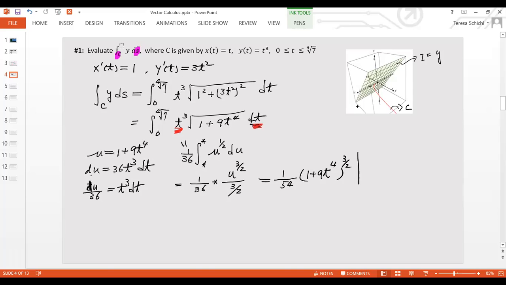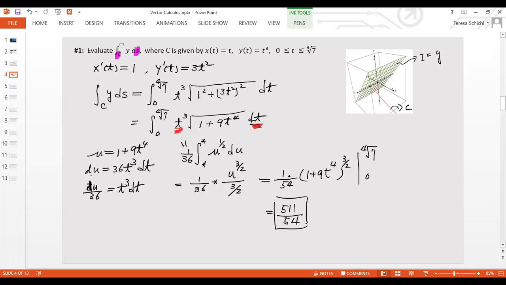Now I can put my limits here, 0 to the 4th root of 7. So you plug in, and the answer here is 511 over 54. Okay, so that's how we do line integrals.